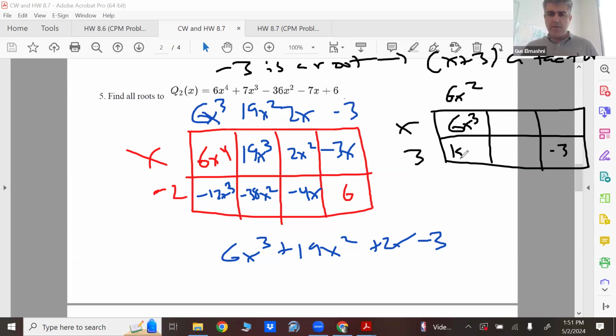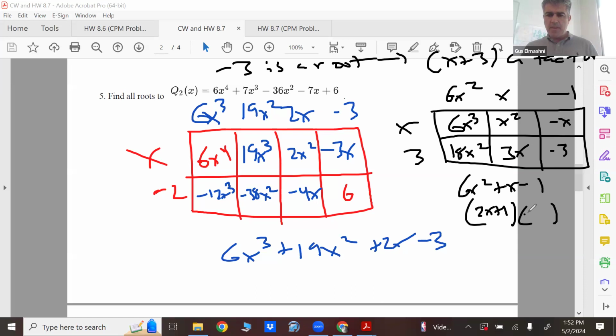That's 18x squared. So that's x squared. And then this has to be x. So 3x, this is -x, -1. If you factor it, I think you get 2x + 1 and 3x -1. Yeah. So x equals -½ or x equals 1/3.